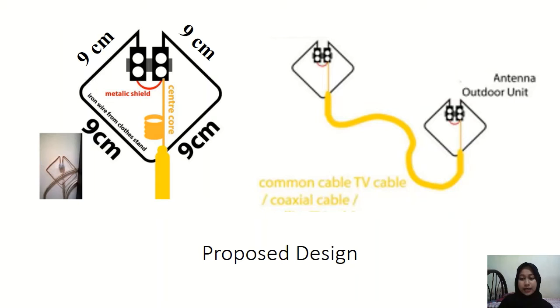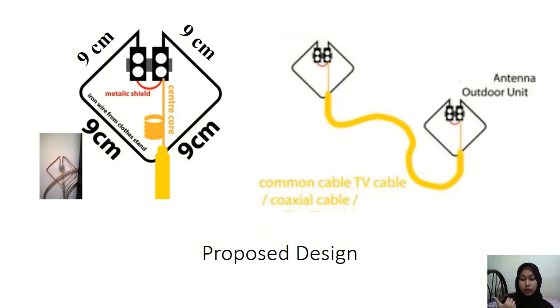The antenna was built using these parameters: each side of the iron wire is 9 cm, 9 cm, 9 cm, and 9 cm, and the bottom iron wire is 4 cm.